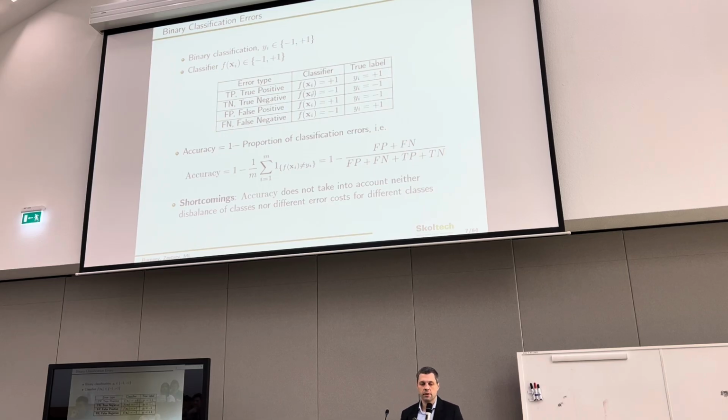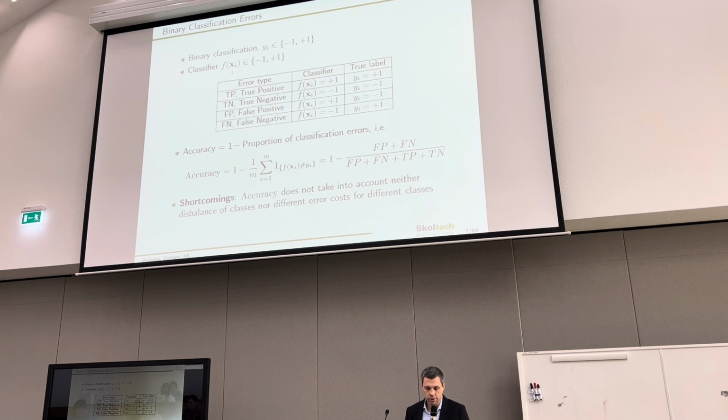First of all, the first question is how to estimate the performance of a classification algorithm. As I said, let's consider the binary case. So the output label takes two values, -1 and +1.